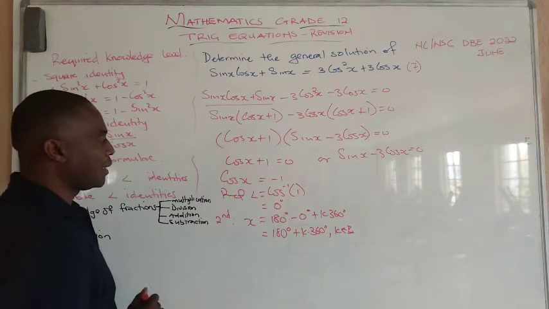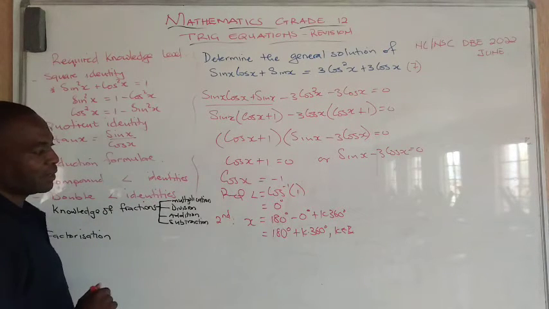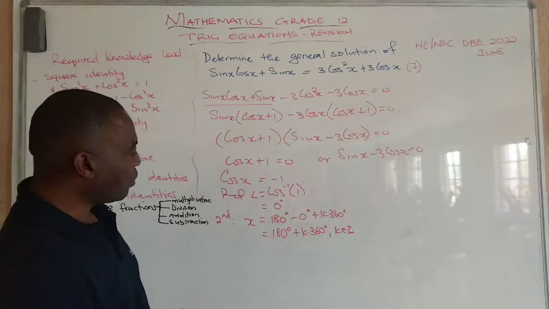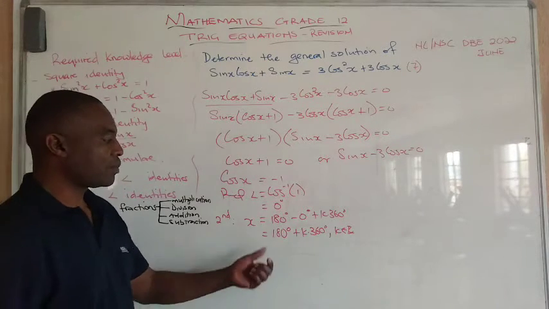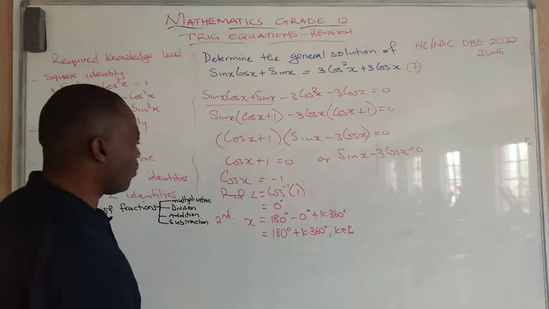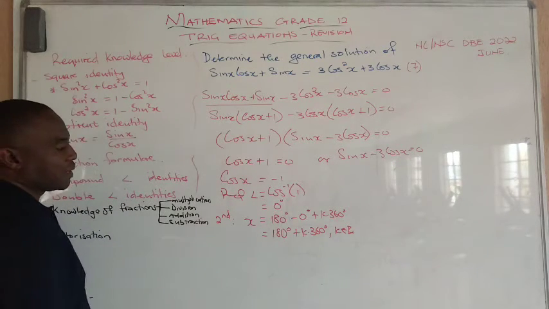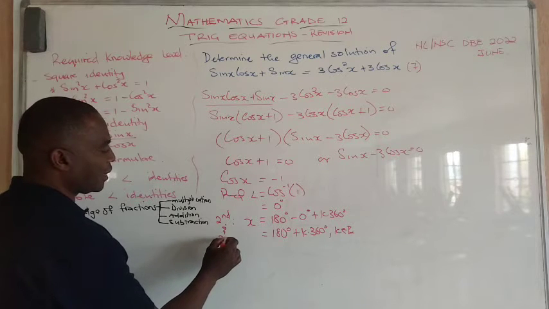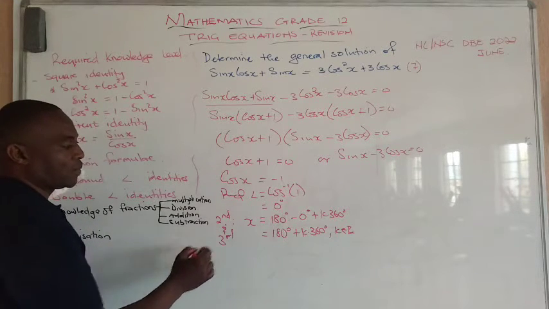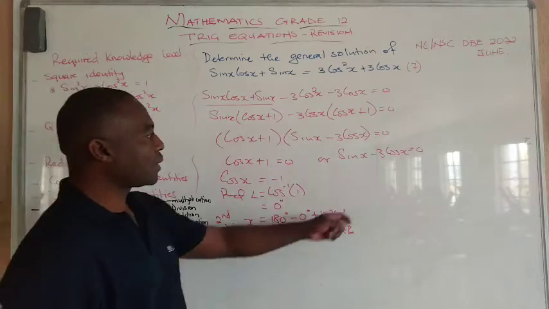In the third quadrant, it's 180 plus 0, which is still 180, so the solution is the same.